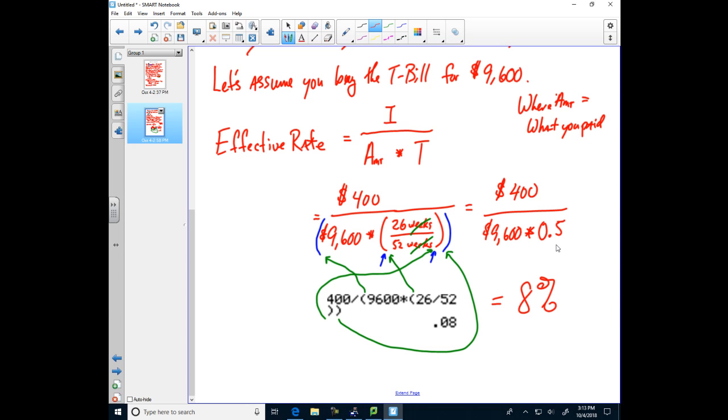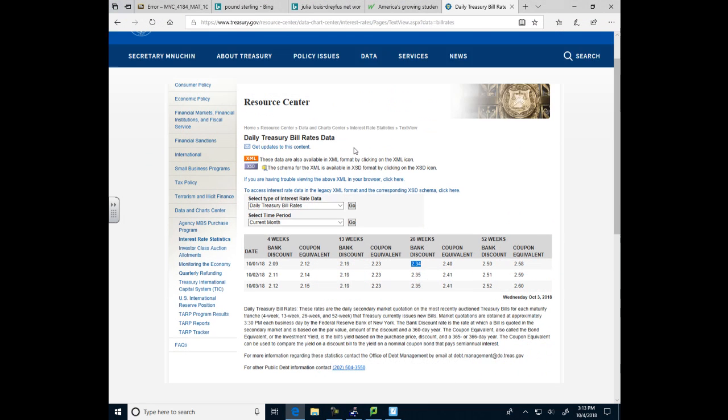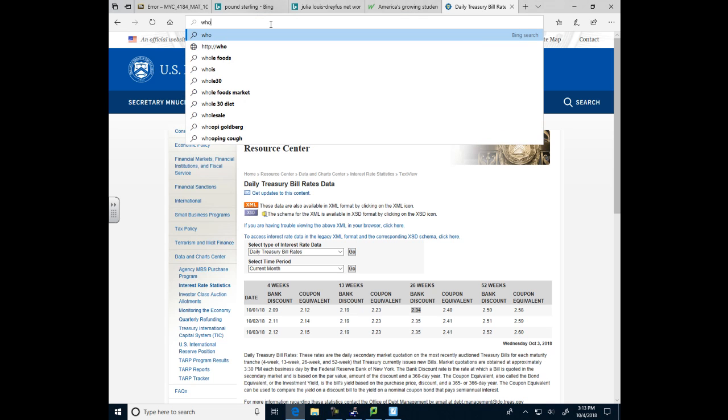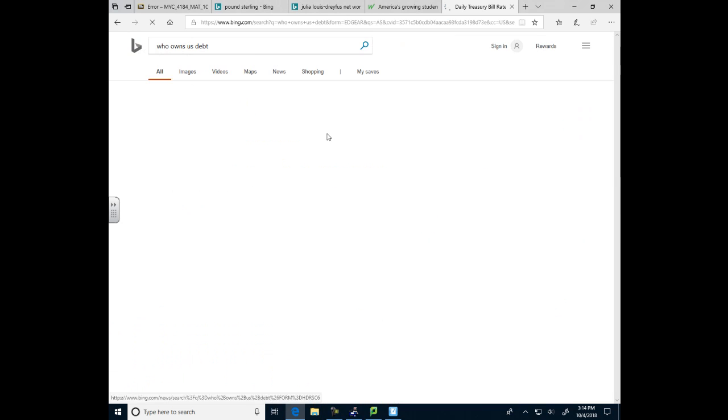So these are T-bills. This is how your government, on your behalf, finances debt. And since we're on the subject here, while you're all thinking about that, let's see who owns the U.S. debt.